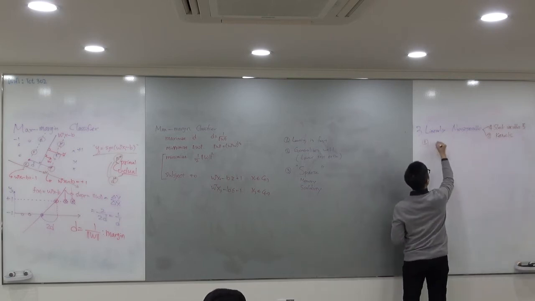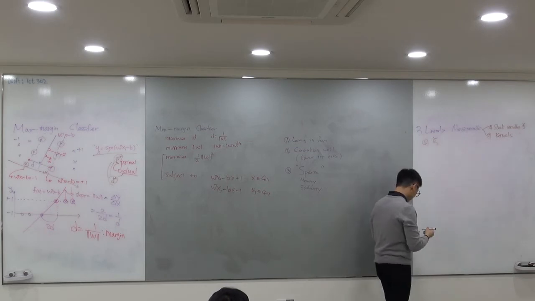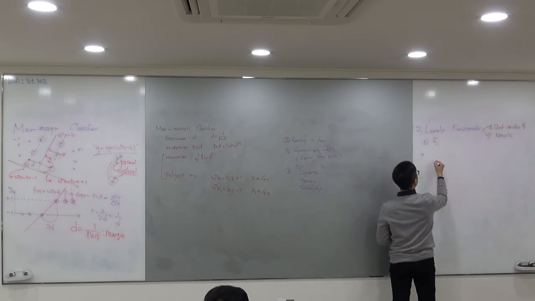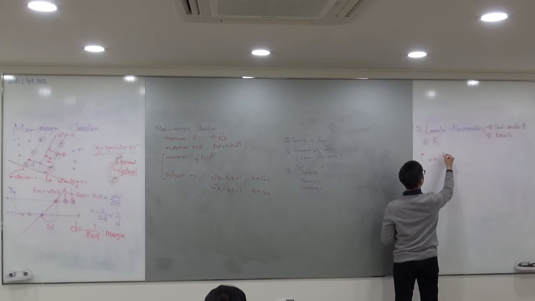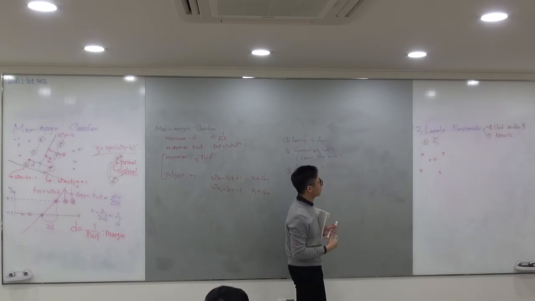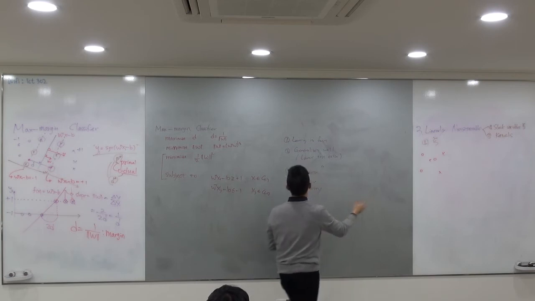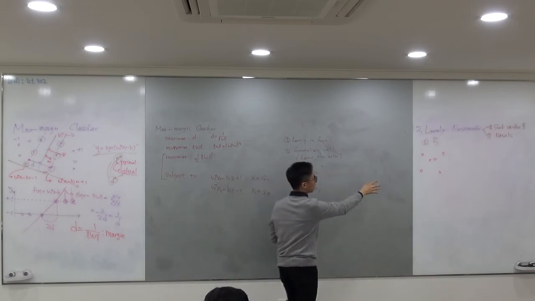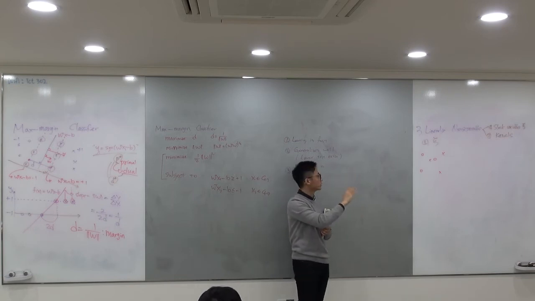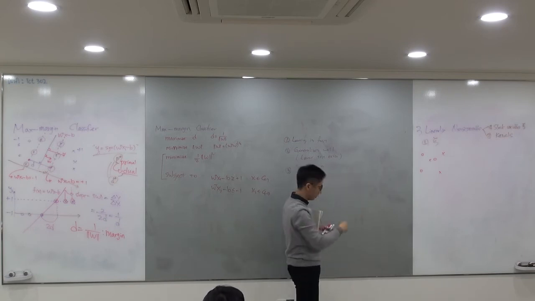Let's first investigate the slack variable case. Let's say the data configuration looks like this. This is clearly linearly non-separable, so if we apply this kind of formulation to this configuration, there is no solution. There's no way of linearly separating those data.